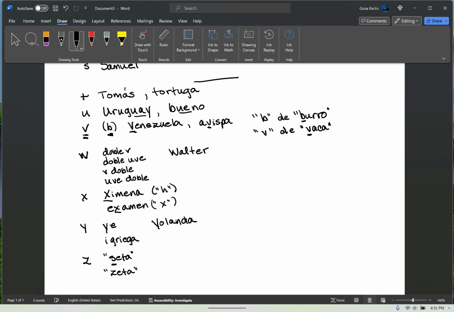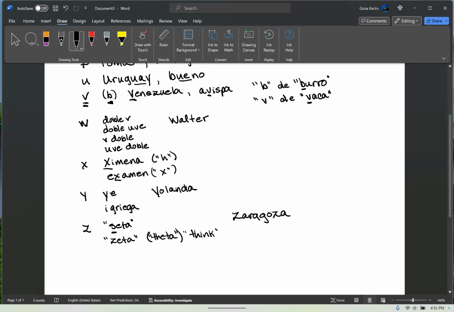With a TH, like Theta. Like think. Examples of that in a word might be Zaragoza, or Zaragoza. For example.